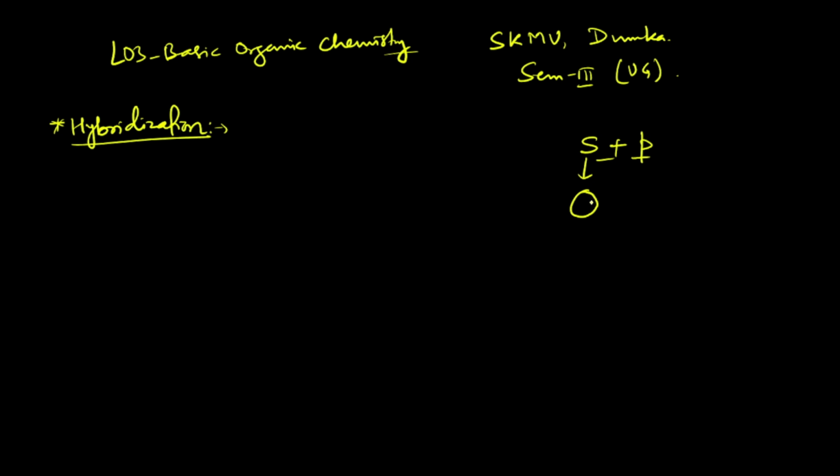It means it does not have any direction. If I put x direction, y direction and z direction, do we have any direction for this s orbital? Going this side or that side, in all three dimensions, the s orbital's shape has uniform distribution, so we can't say the direction.